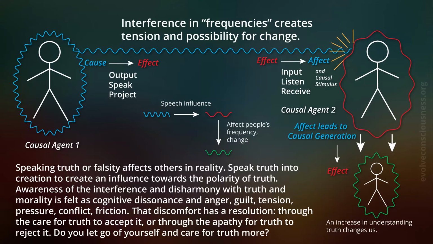Once they receive it, they're affected by it, and that acts as a causal stimulus within them to generate change. So the effect leads to causal generation, which then can lead to an effect of a change in their frequency. An increase in understanding truth changes us.